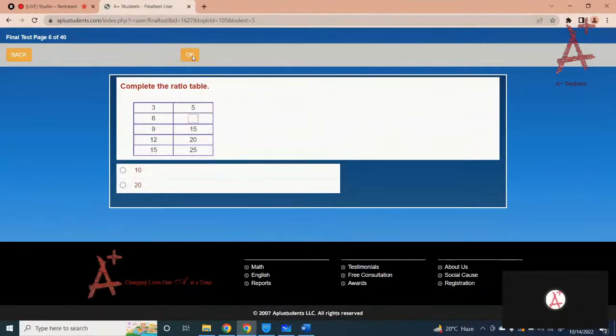Complete the ratio table. So we have to complete the ratio table. Let me just make the table on the board and then we'll solve.